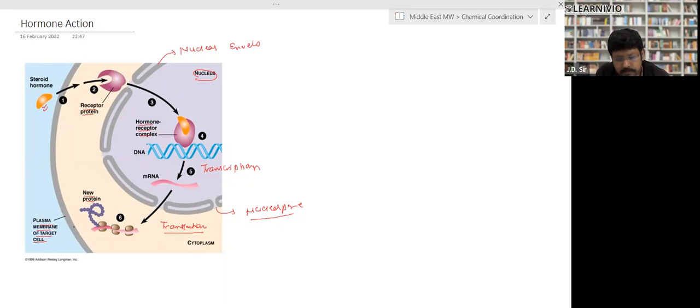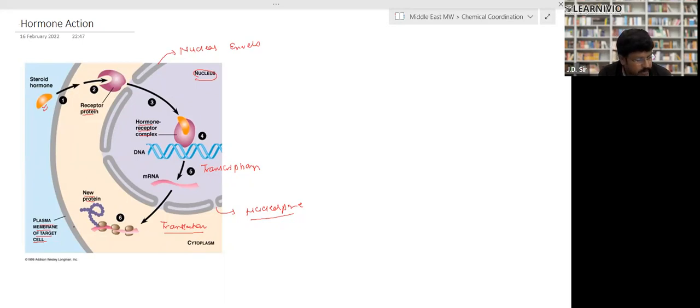and it causes translation, that is, protein formation.